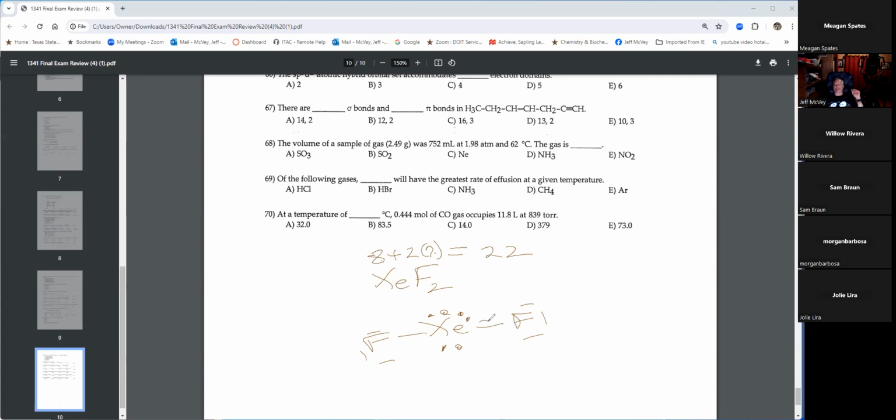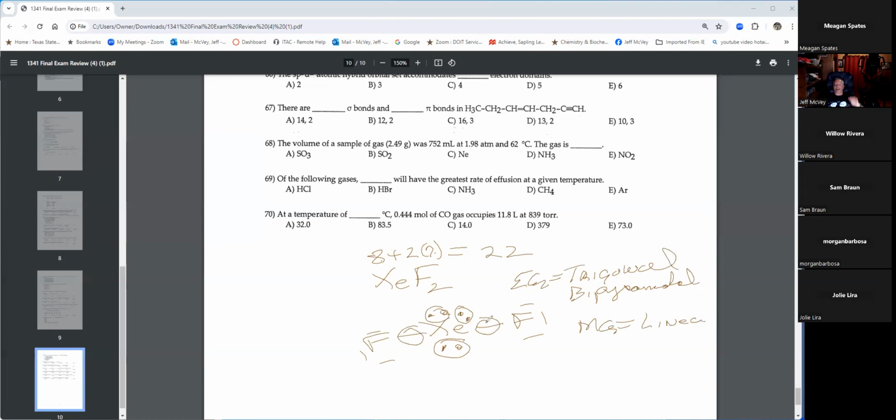So our electron geometry is 1, 2, 3, 4, 5. So our electron geometry is trigonal bipyramidal. Our molecular geometry is linear.